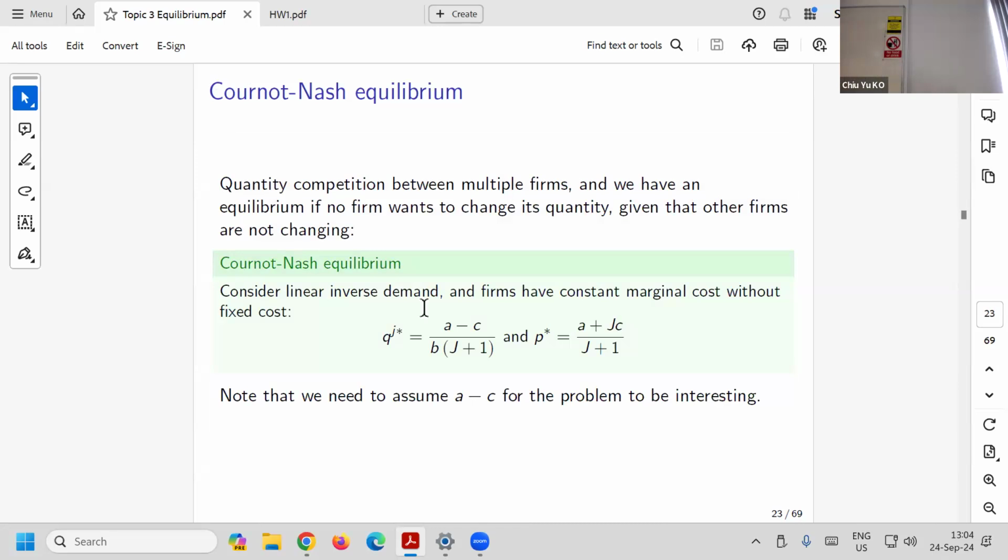Now look at J. That has nothing to do with demand here, because it's dividing the market. If there are more firms, each firm becomes smaller. And for this one, what happens when J is larger? You can take the derivative.